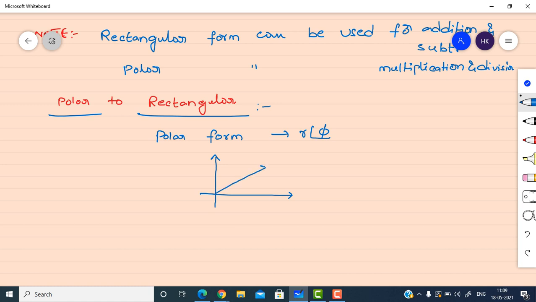This is the r phasor, and this is phi. We require the x component and y component for the rectangular form. So we find the x component and y component. If it is a right angle triangle, what is the formula for cos phi?